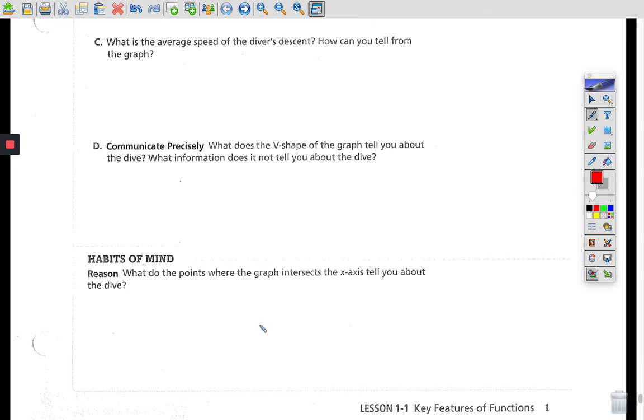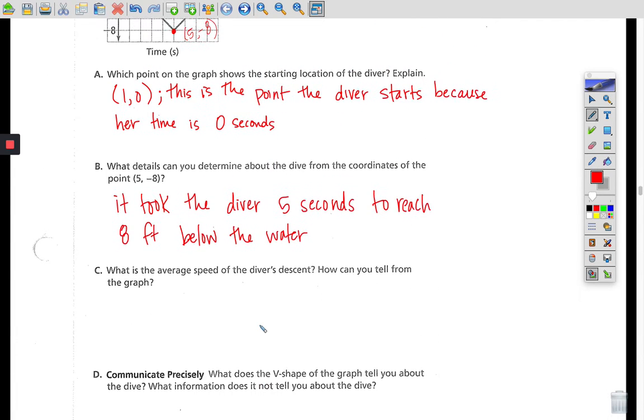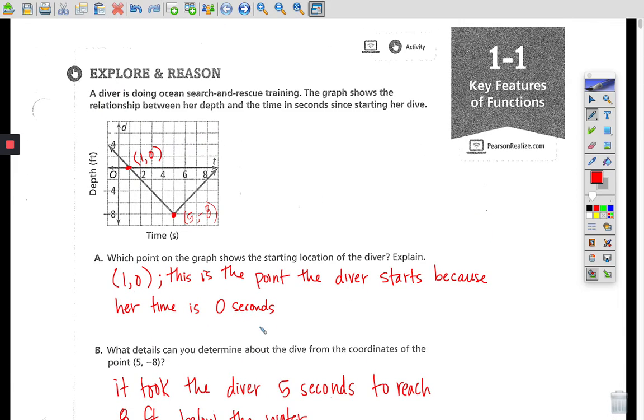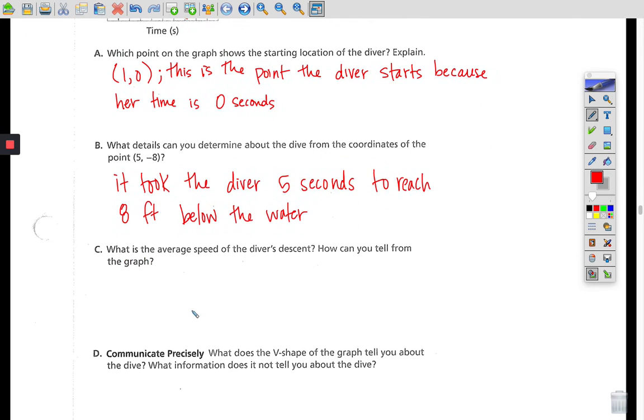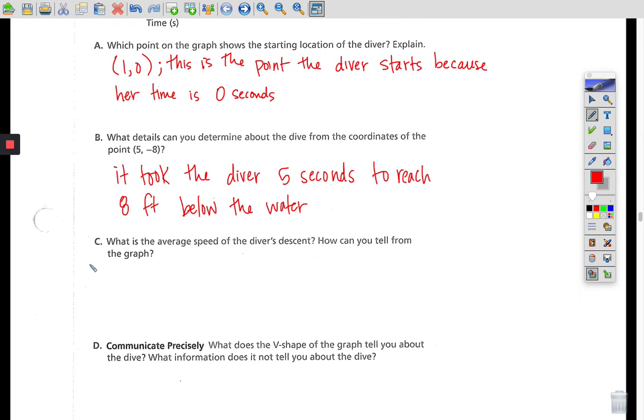What is the average speed of the diver's descent? How can you tell from the graph? So what we are going to do is take 2 points and find our slope. So I know I've got a point here at 1, 0 and at 5, -8, right? We're going to use these 2 points, 1, 0, and 5, -8.